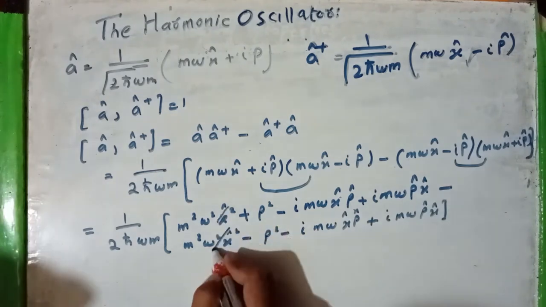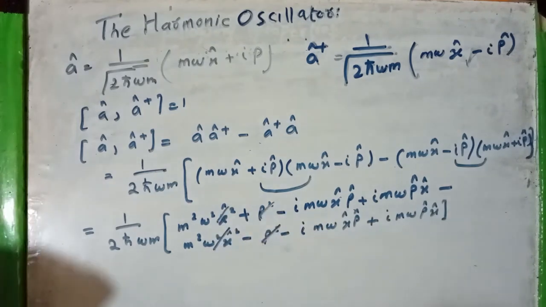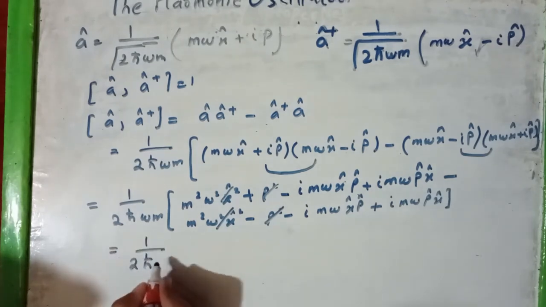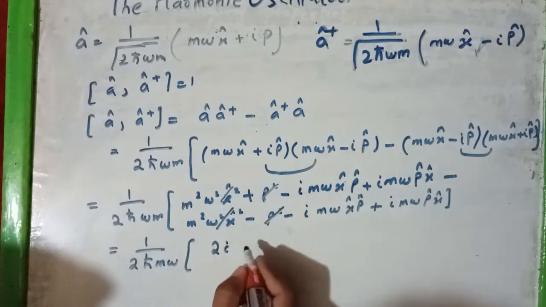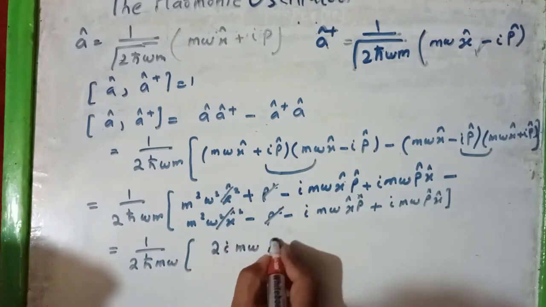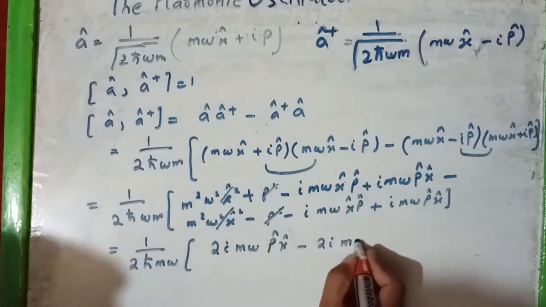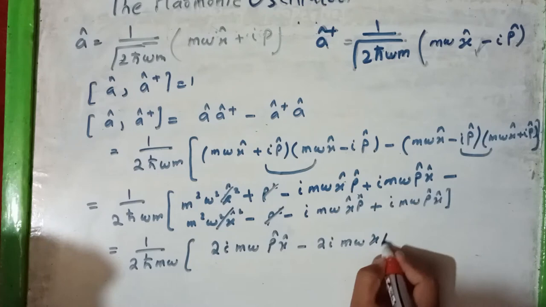So this term and this term cancel out, and this becomes 1 over 2 h-bar m omega multiplied by 2 i m omega p x minus 2 i m omega x p.